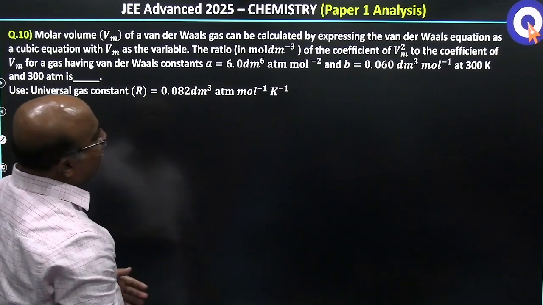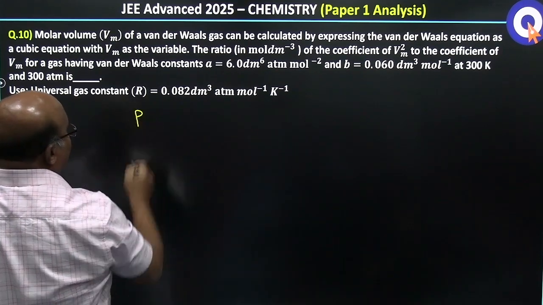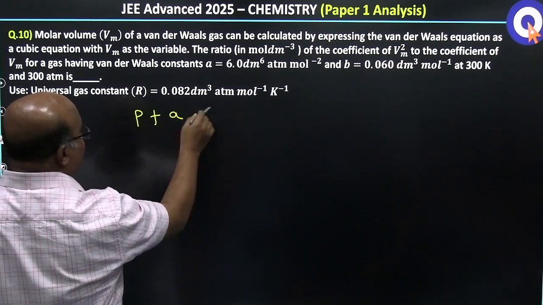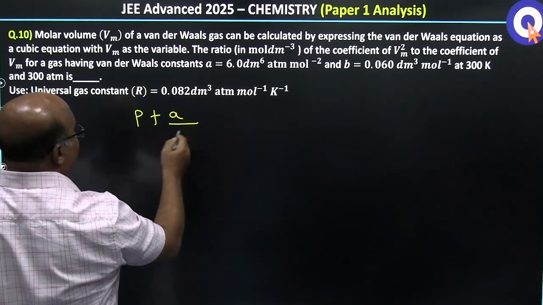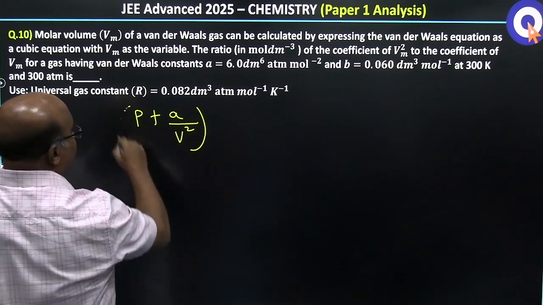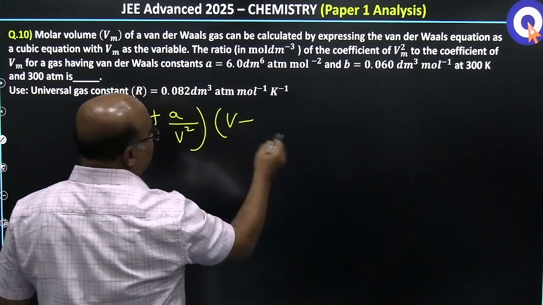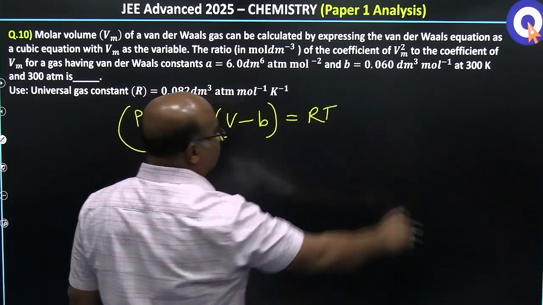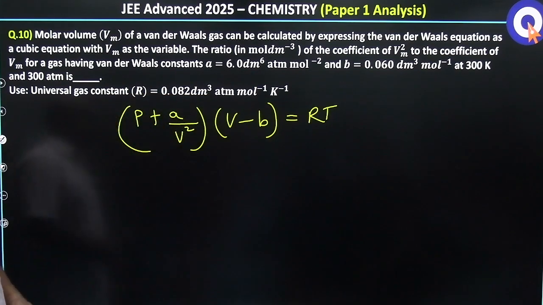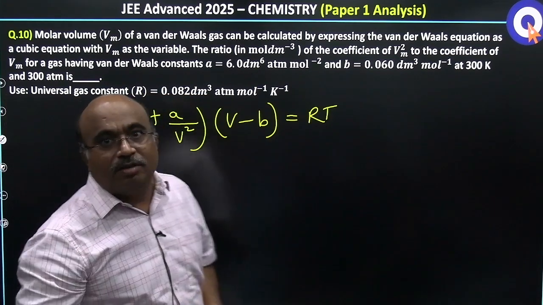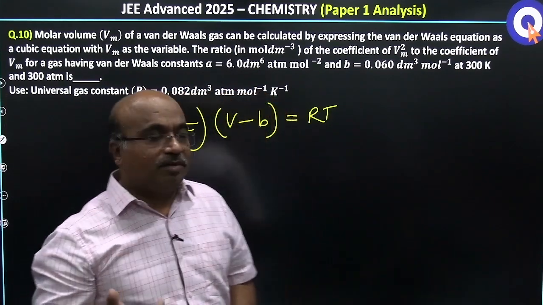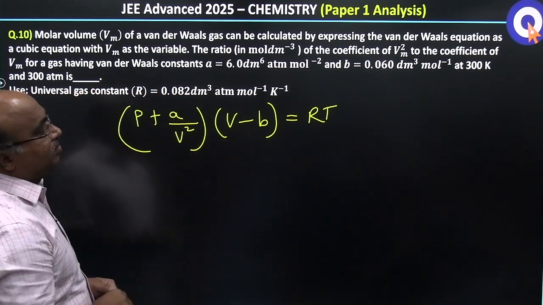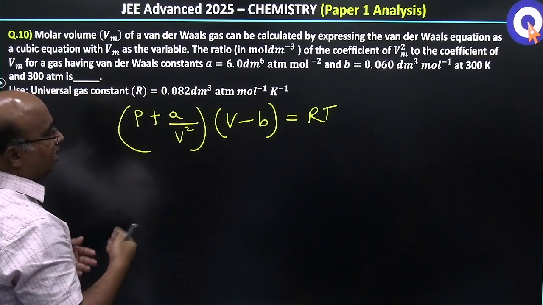molar volume, we consider the van der Waals equation for 1 mole of gas, that is P plus A into N square, N will become 1, so V square, into V minus NB, that is again 1, is equal to RT. So we have to express this, which we already studied in the Boyle's temperature application, where we convert the equation into V cube terms, or we even use it in the critical volume applications.